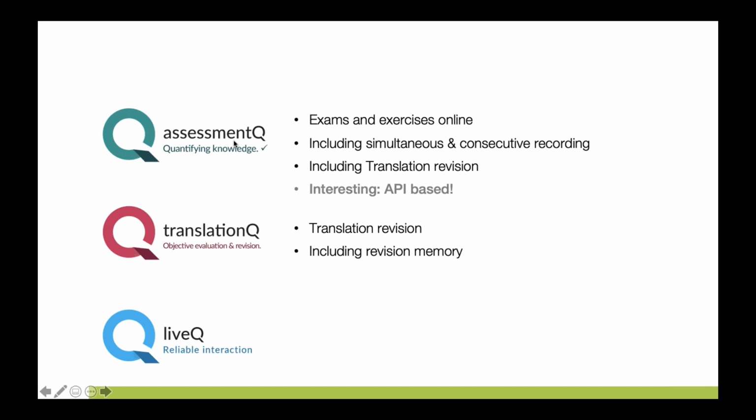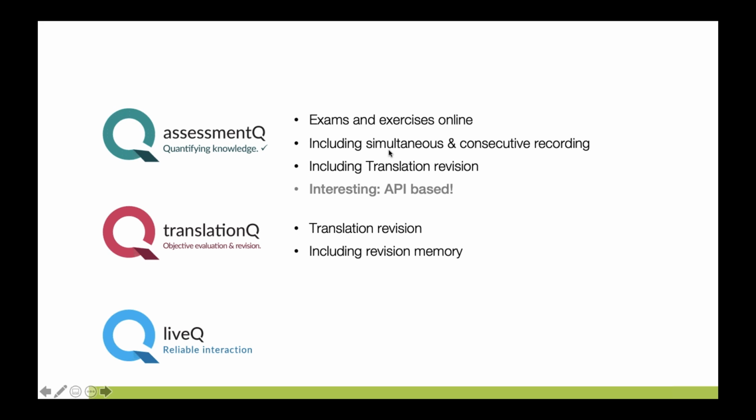Assessment queue is already being used a lot in the interpreter world, because in assessment queue we have what we call question types. It's a platform to do online exams and exercises. It includes a simultaneous and consecutive recording question type. It also includes a translation revision question type.